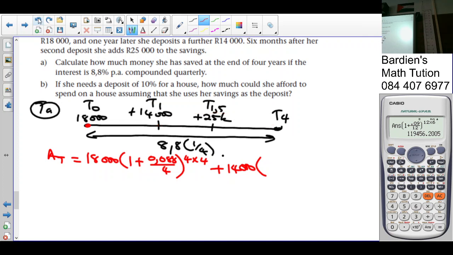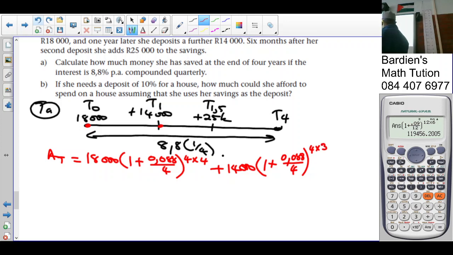Okay, so it's going to be 14,000 into 1 plus 0.088 over 4 to the exponent 4 times. How many years is this for? 3 years. Now we say plus. We're going to take that 25,000 to the end. And how many years is it from 1.5 years to 4 years? 2.5.